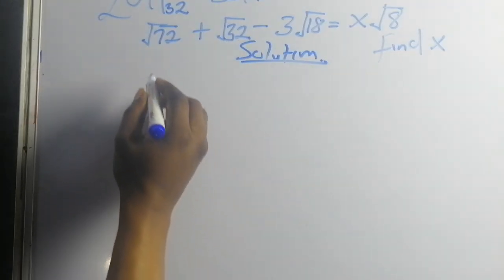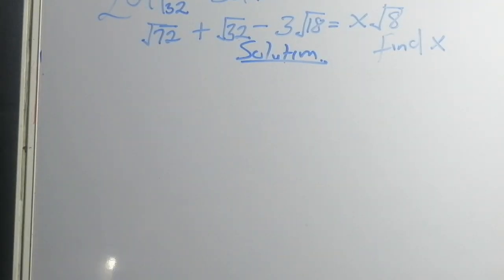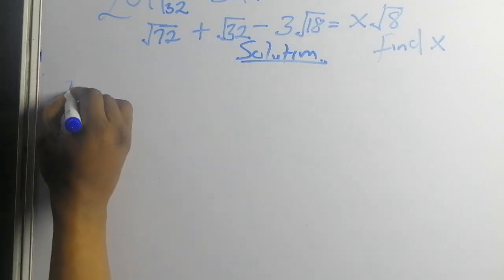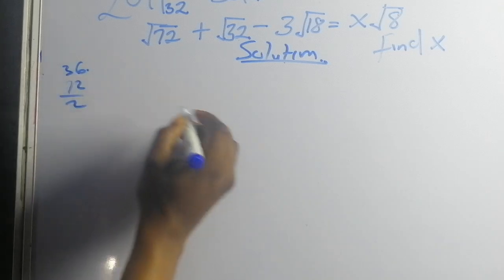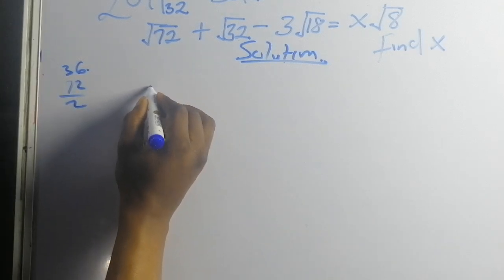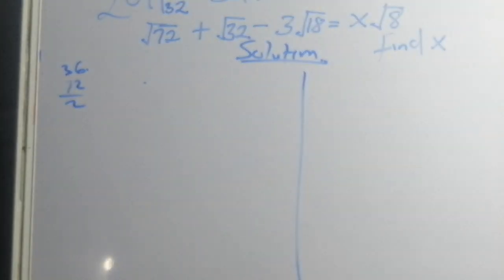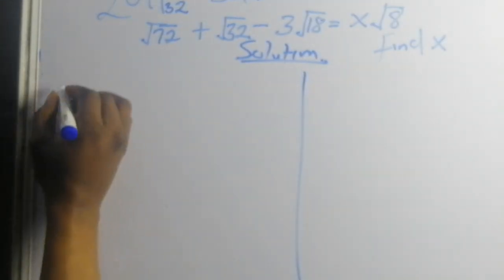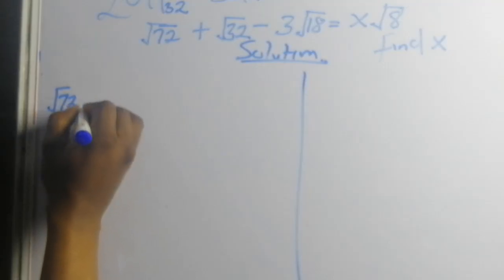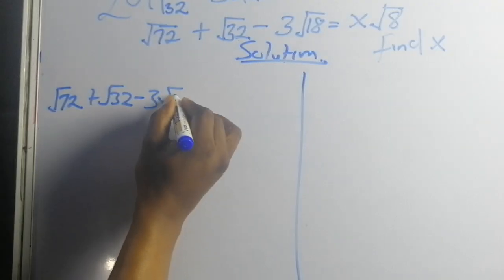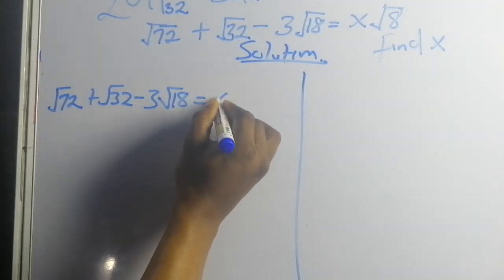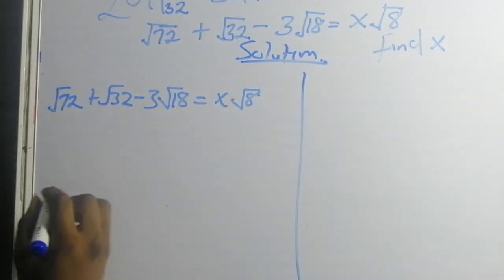If I divide this one by 2, 72 divided by 2 is 36. Let me rewrite the question. Root 72 minus root 32 minus 3 root 18 equals x root 8.